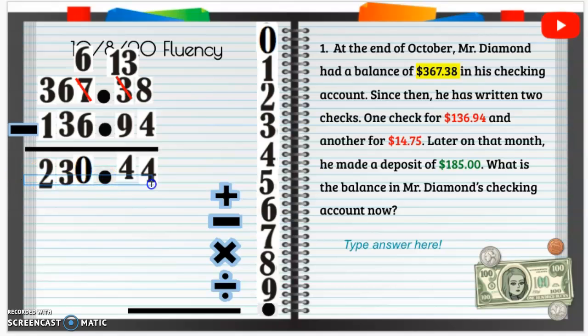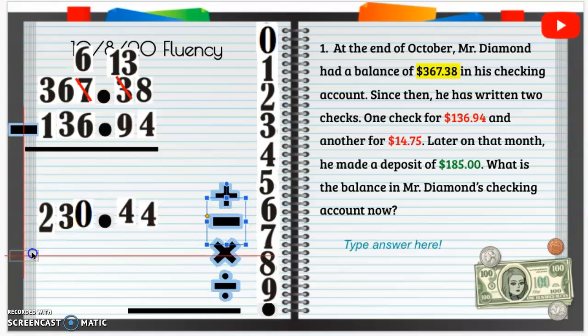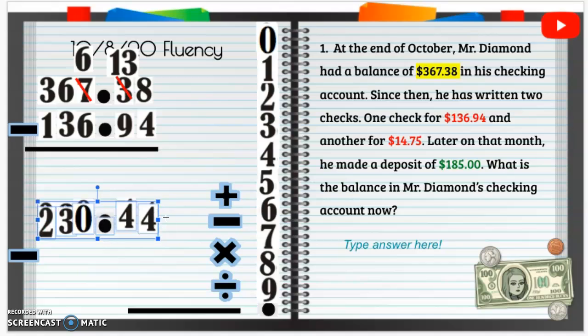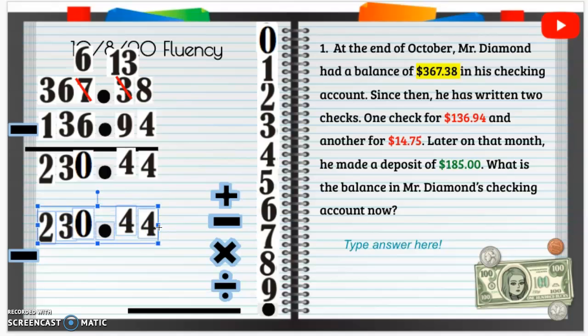So we are going to take this number. I'm going to move it down here, and we are going to subtract. Ooh, you know what I could do? I could make a copy. So we are going to take that number and we are now going to subtract his $14.75.